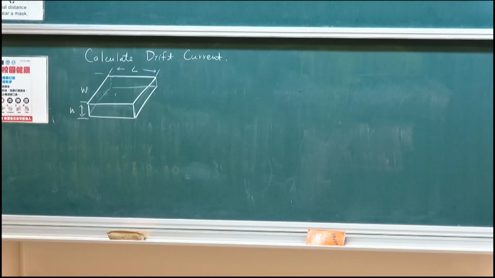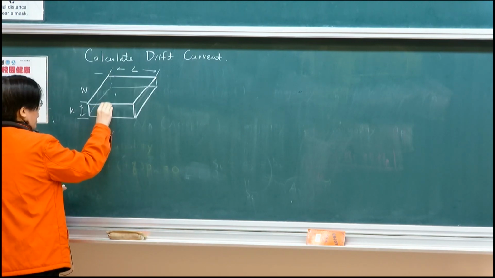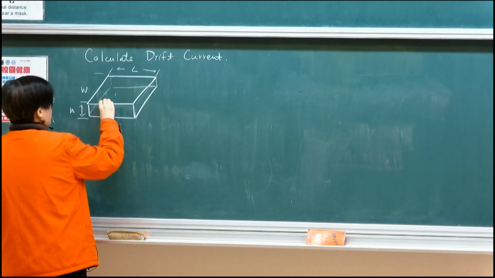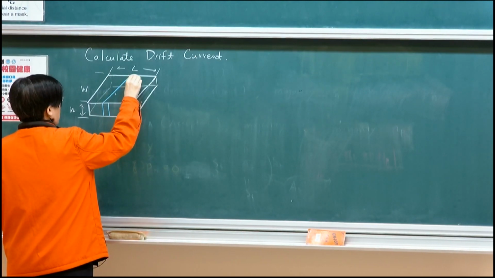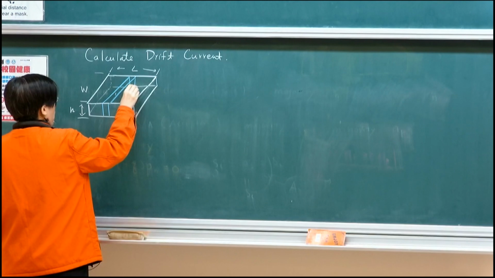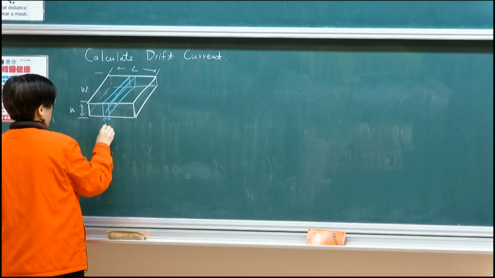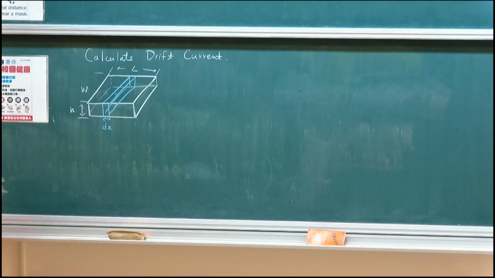So the way to do this is that we want to define a small region of interest. You assume that you're looking at carriers only in the limited region here. So I'm just carving out a small piece of dx. Okay?